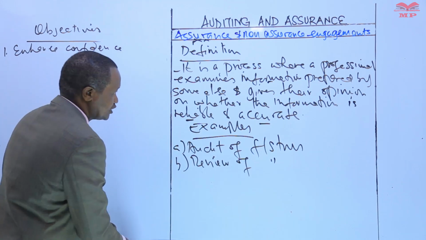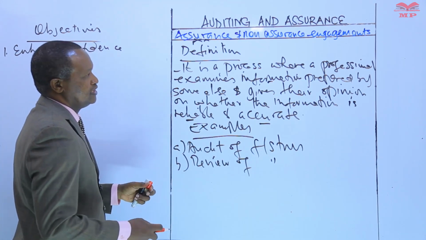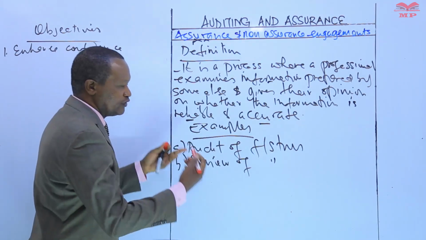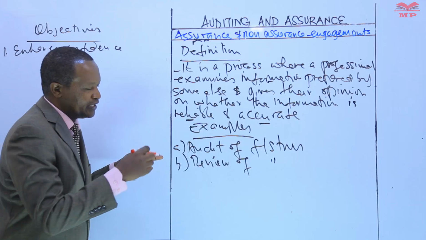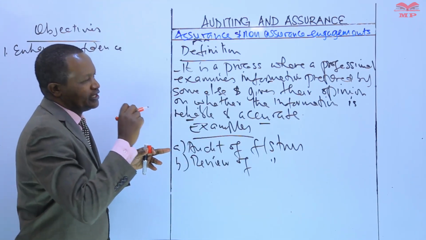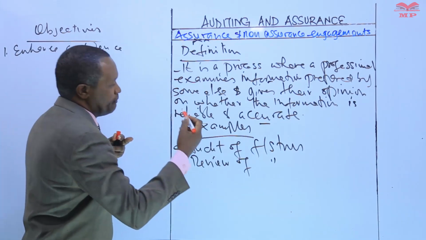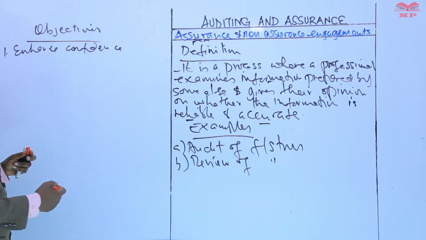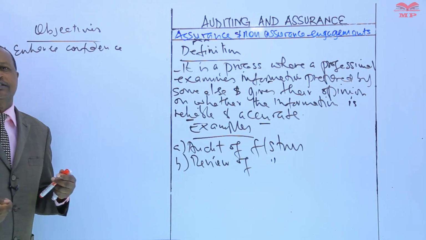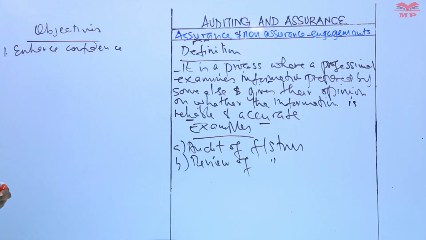This practitioner has to be independent. That means he's not employed or hired by the preparers of the financial statements. He's maybe hired by the owners or the shareholders, and that makes the professional independent of management. To enhance confidence is the first objective of assurance engagements.